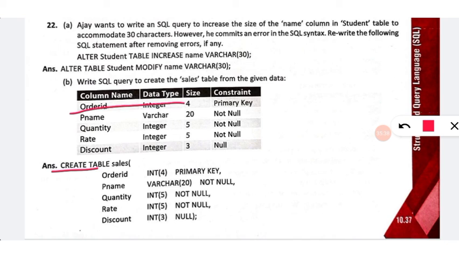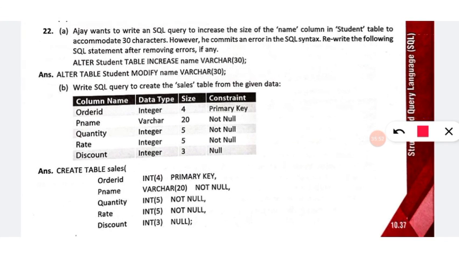After one column's details are entered, you have to put a comma. Then the next column p name, its data type varchar, not null, that is this column will not allow null values, there should be values in that column.